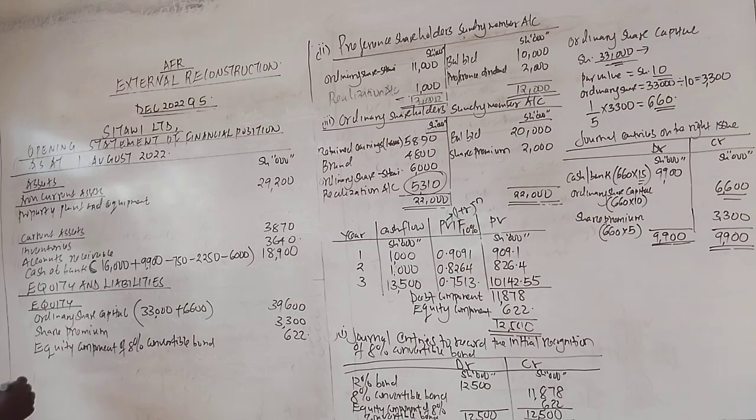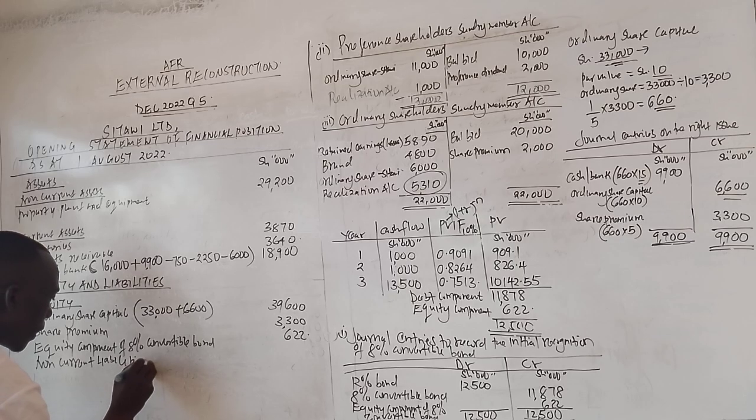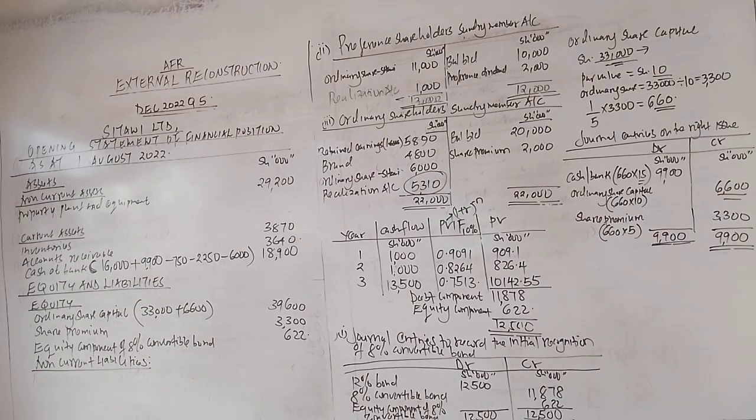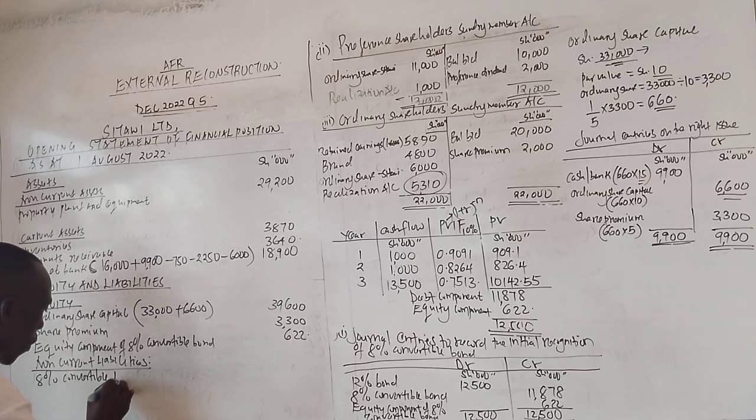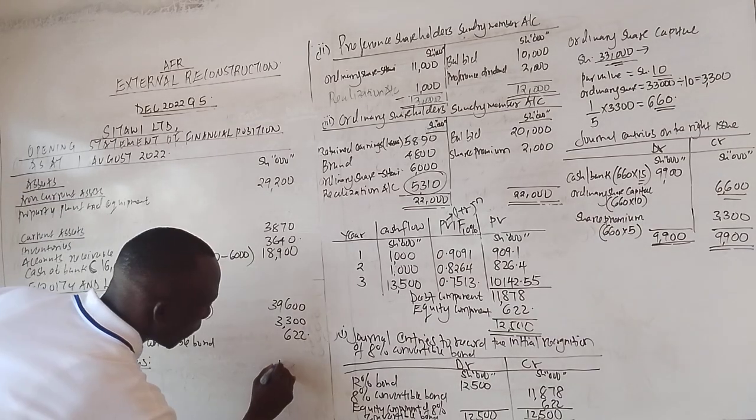Then from there we go to non-current liabilities. For the non-current liabilities, we had the 8% convertible bond. How much was it worth?